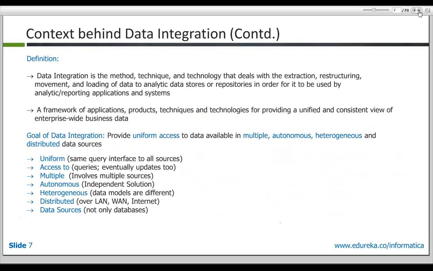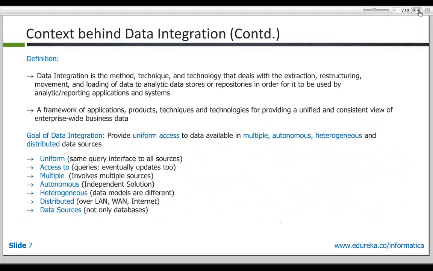So it says the goal of data integration is to provide uniform access to available data in multiple autonomous, heterogeneous, or distributed data sources. So they are just talking about the different steps involved. The uniform, the same query interface to all sources, even though the individual applications are lying on different environments or different platforms, we have to bring them onto a common platform.